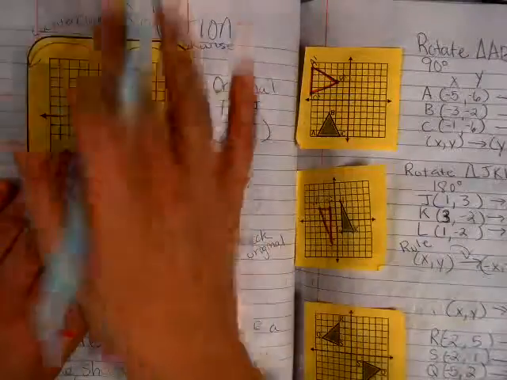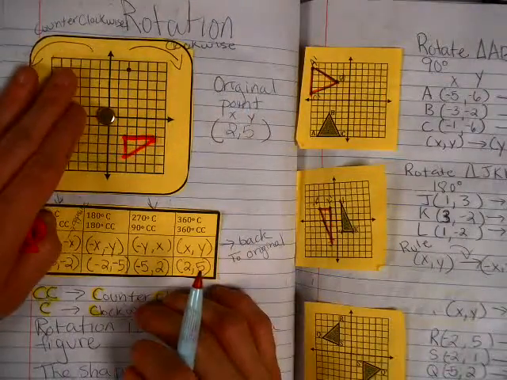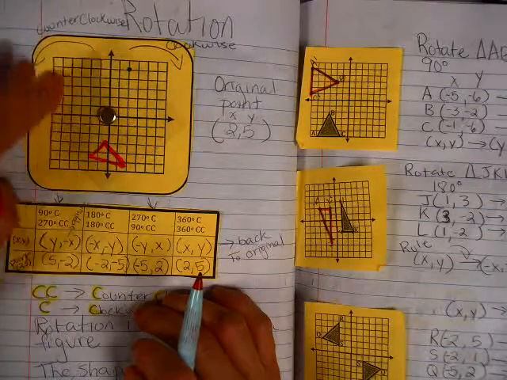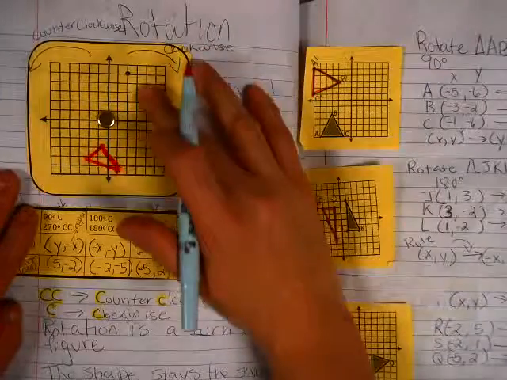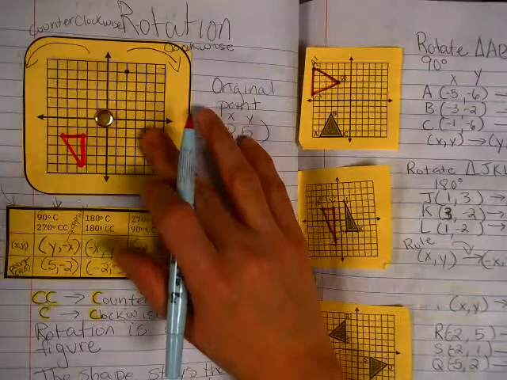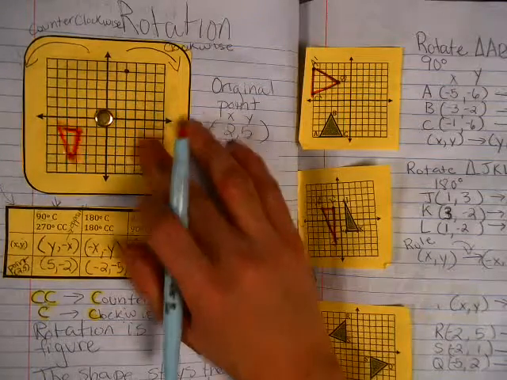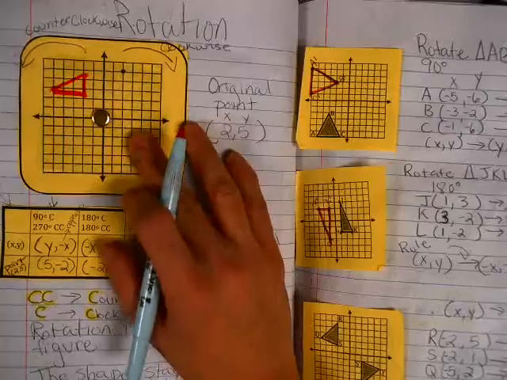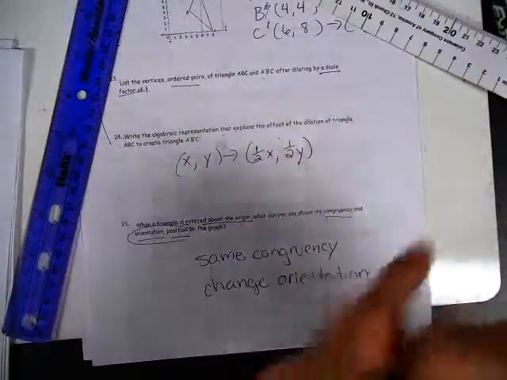It's kind of like pointing up. Well, now it's pointing to the side. But it's the same triangle. Same thing goes here. It's the same triangle, same size, but the orientation or position of it is different. So it does not keep the same orientation. It changes the orientation.